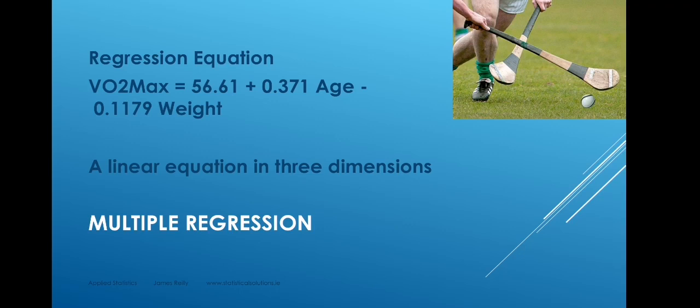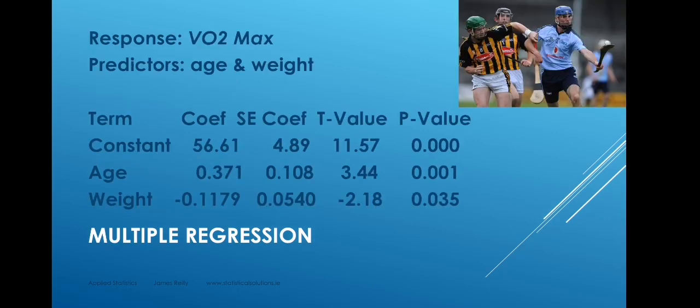The coefficient of age is 0.371, which means that for every 1 year older an athlete is, if they're the same weight, then their VO2 max increases by 0.371. Notice that the interpretation of a coefficient in a multiple regression equation is sensitive to the presence of other variables in the model.